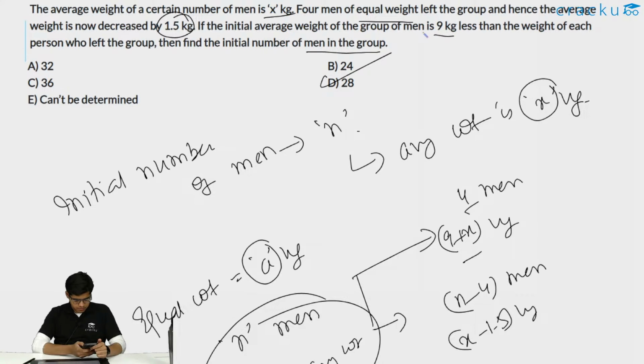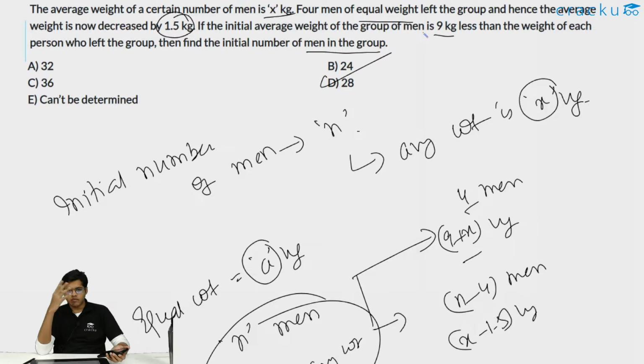Option D is right. Someone asked: sectionals are going good, but full length mock score is coming low. It is fine. If your sectionals are going good, it means you are good with the concepts. If your scores are decreasing in mocks, the reason can be that you are lacking stamina, because a mock is of 2 hours.